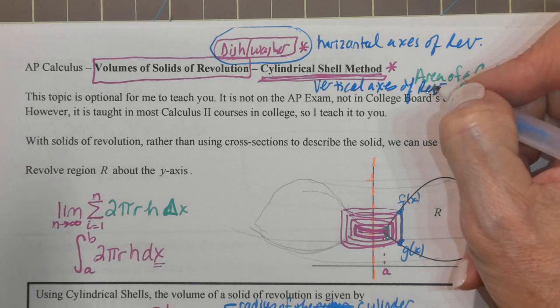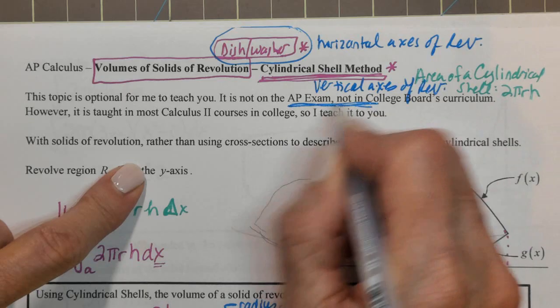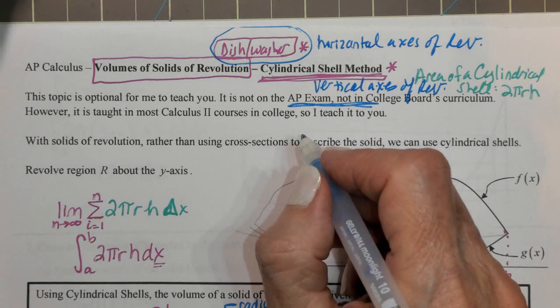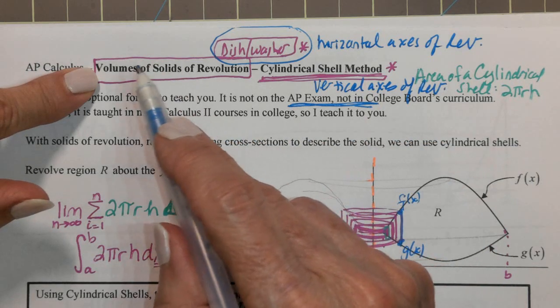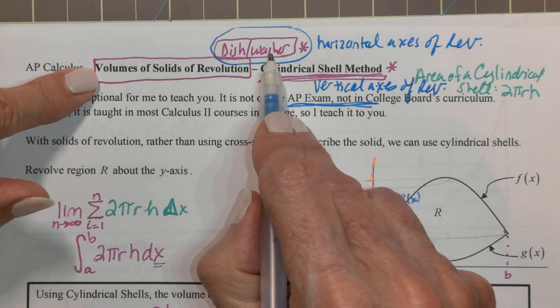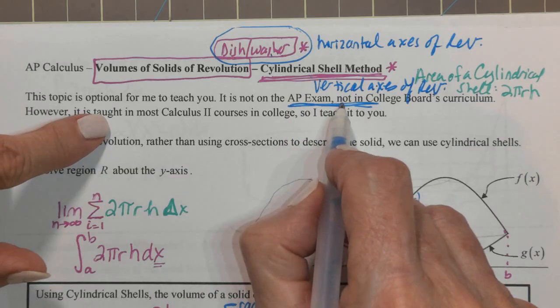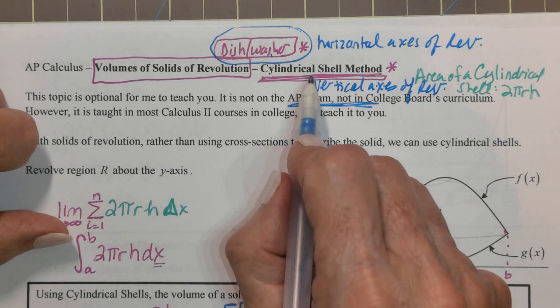But it is important that you know that it's not tested on the AP exam. So on an FRQ, if you were asked to find a volume, you can use either method you want. Even though it's not specifically taught, anybody grading your test would recognize the cylindrical shell method.